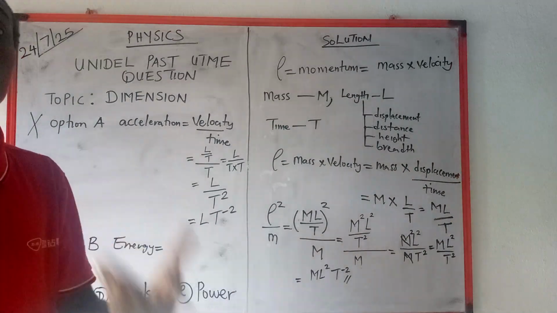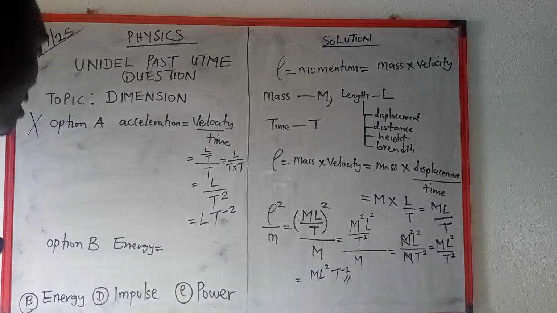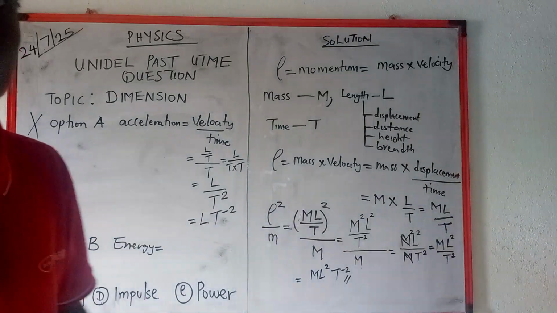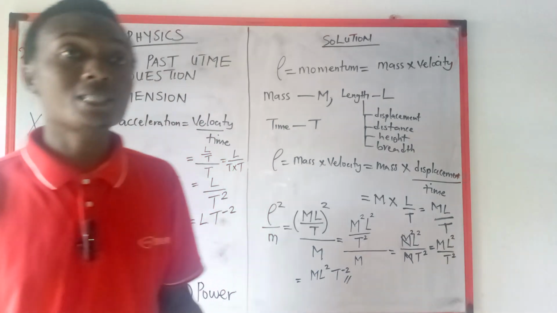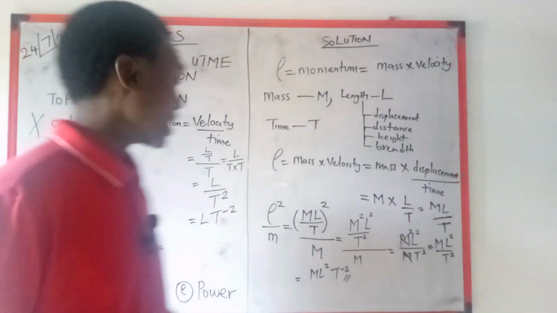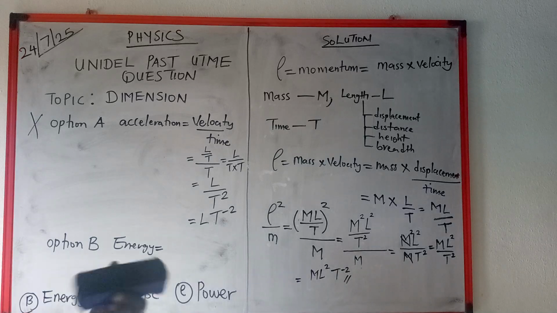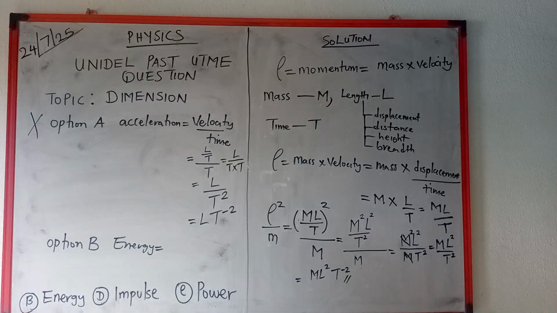Energy is the ability to do work, and work is force times distance. So energy is almost equivalent to work, because it has the same SI unit. The SI unit of energy is joules, and the SI unit of work is also joules. So definitely they are using almost the same formula.